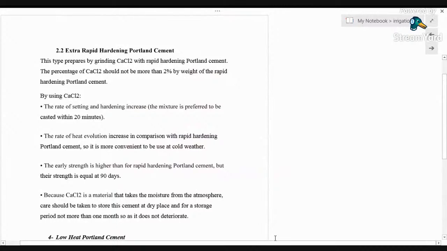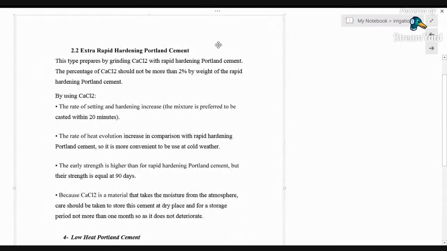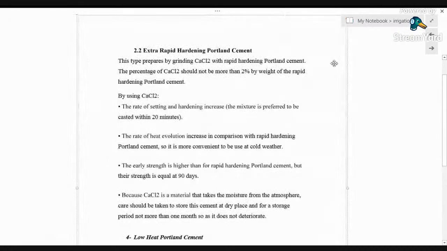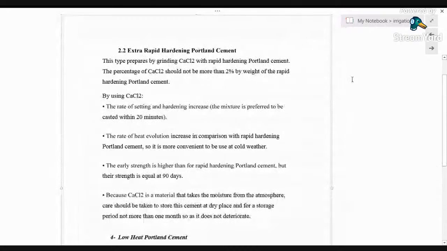Okay. The last one is called extra rapid hardening Portland cement. Extra rapid hardening Portland cement is prepared by grinding calcium chloride with rapid hardening Portland cement. You have to remember this thing because you are engineers.